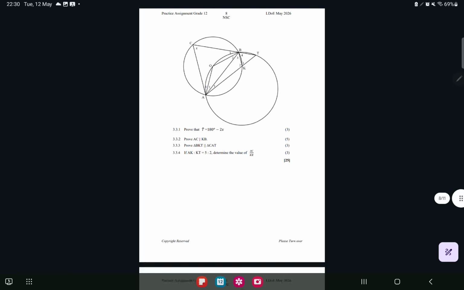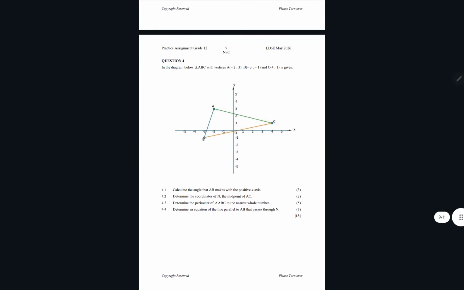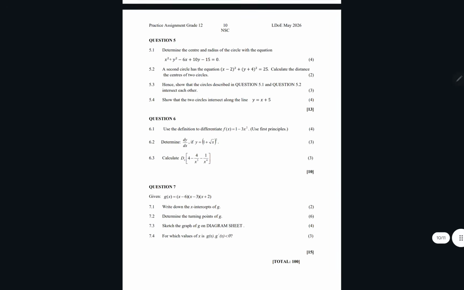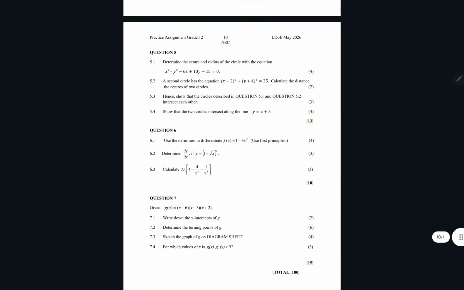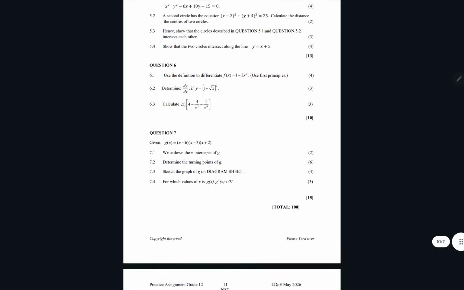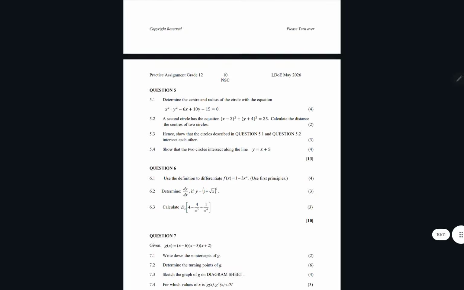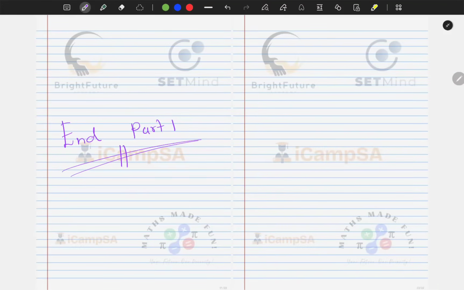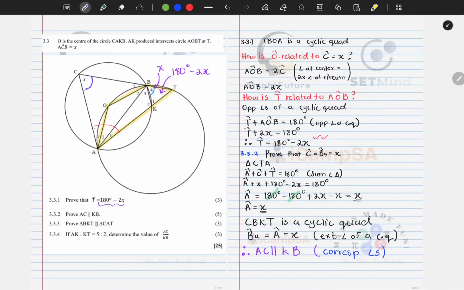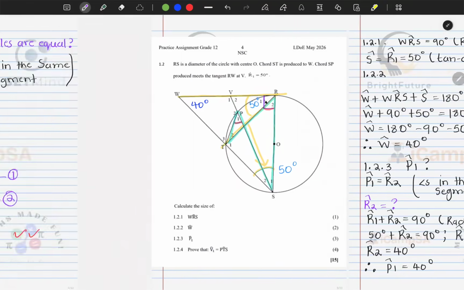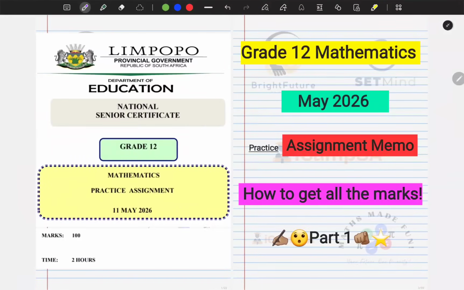You'll have analytical geometry, and then graph sketching and a bit of calculus. That is going to be in part 2. This here was part 1, and I hope you understood all these questions and the proofs that you needed to understand in order to get your marks here.